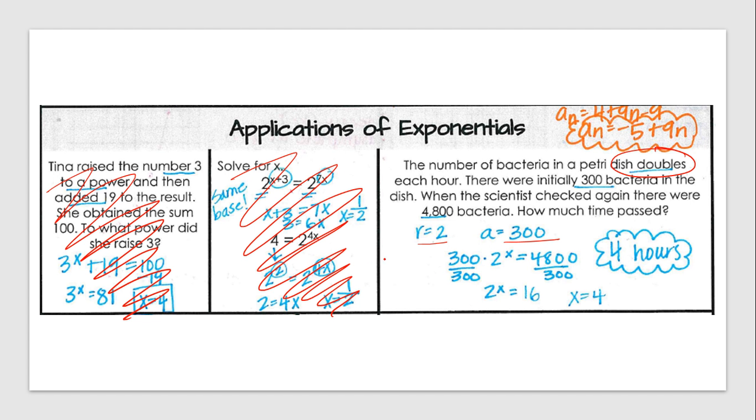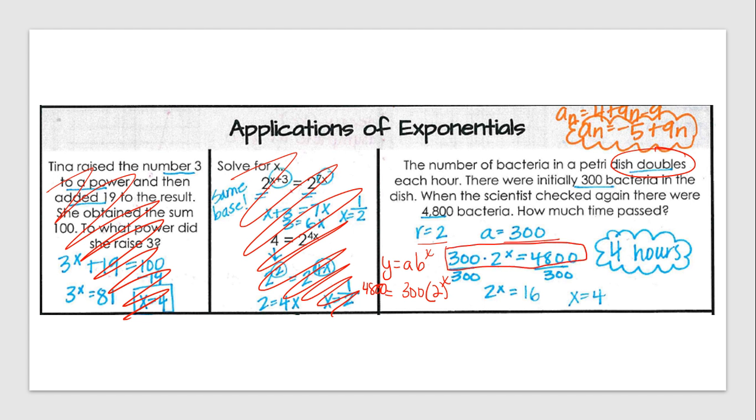Remember that my formula for my exponential is a times b to the x. a is that initial value, my b is that 2, that's the rate, 2 to the x. And I know that it's going to be eventually 4,800. That's where we're getting this step right here.